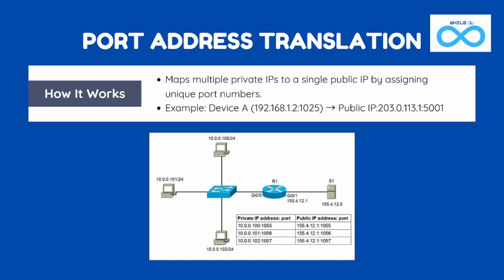For example, device A, which has an IP of 192.168.1.2, gets an IP of 203.0.113.1. It has some advantages of high scalability and cost effectiveness, but the disadvantage is that port numbers can get exhausted under heavy traffic.